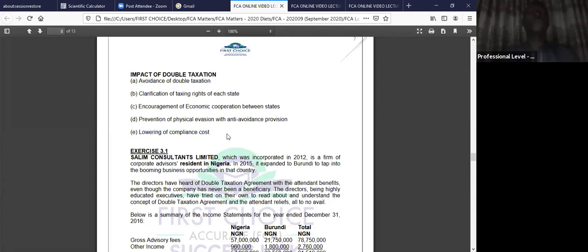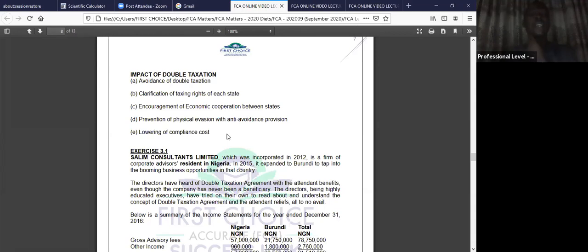Compliance costs have to do with going around checking that you have complied with the law and all that. So if there is no double taxation agreement, the cost of compliance will be too high because it may require the tax authority traveling to the places where they have businesses to go and verify.